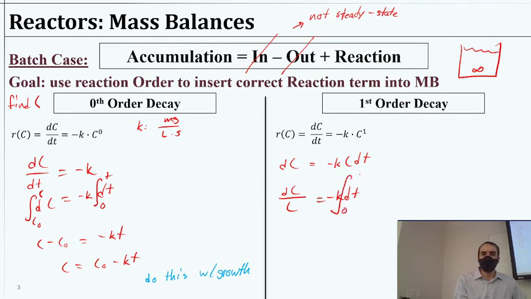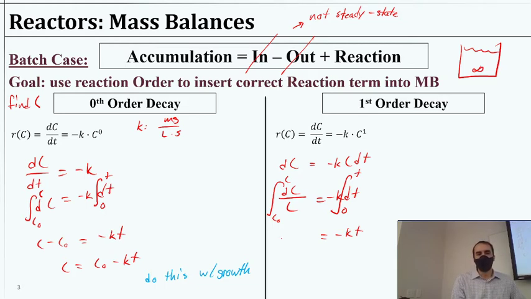From 0 to t. And on this side, we'll take that integral from c naught to c. Now, on the right-hand side, of course, that's just going to be minus kt again. On the left-hand side, this is where I'm expecting you may have to jog your memory.